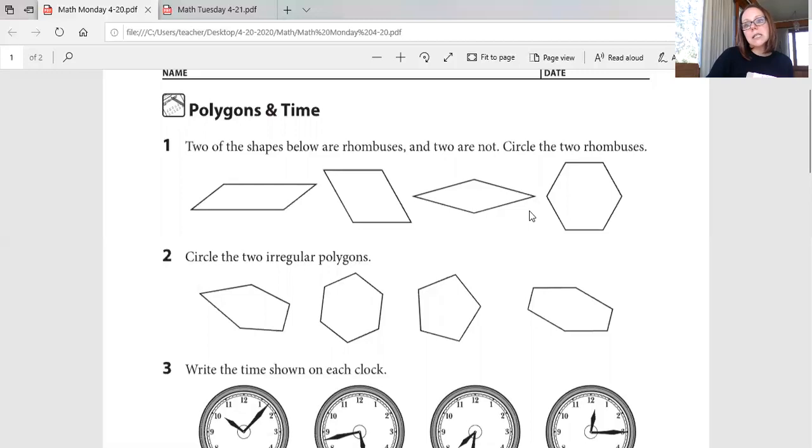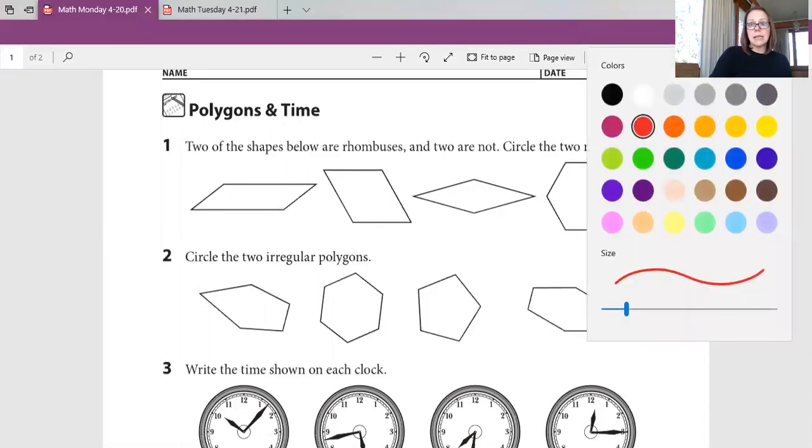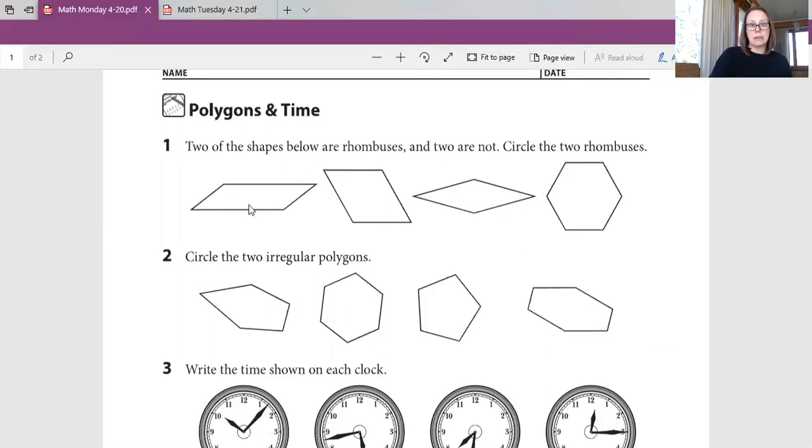So if a rhombus is a regular polygon, then that means that all of the sides are of equal length. If we look at this first one here, are all of those sides of equal length? No. What about this one? Correct. This is a rhombus.